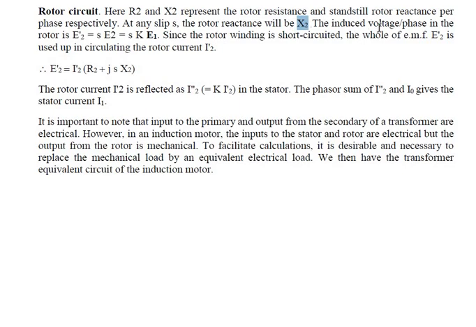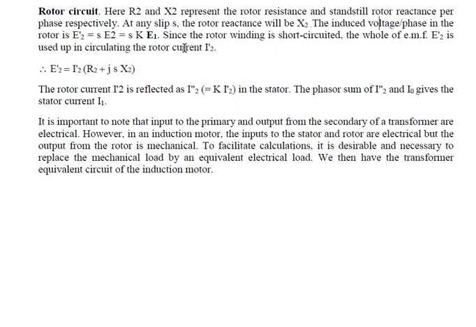So the induced voltage per phase in the rotor is given by E2 dash is equal to sE2, where s is slip and slip is given by (Ns minus N) divided by Ns, and again this sE2 is equal to sKE1. Since the rotor winding is short circuited, the whole of EMF E2 dash is used up in circulating the rotor current I2 dash.